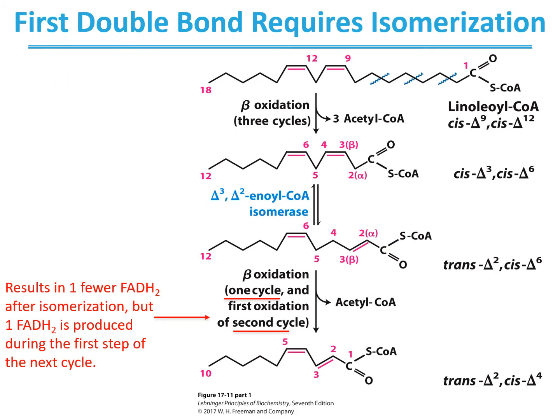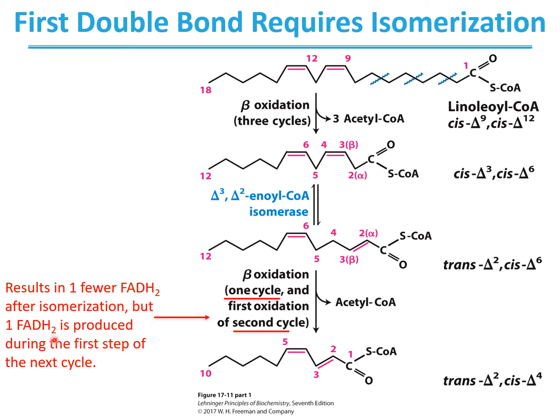If we look closer in detail here, we'll see that again, just like for monounsaturated fatty acid, there will be one fewer FADH2 generated after this isomerization because we missed the first step.